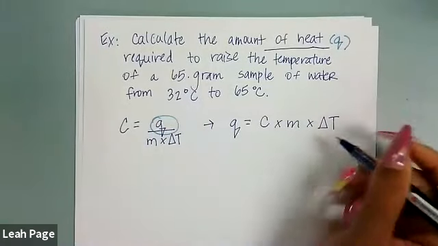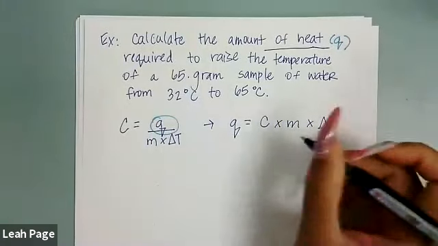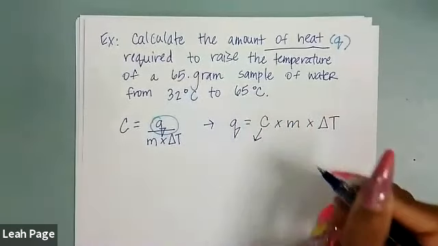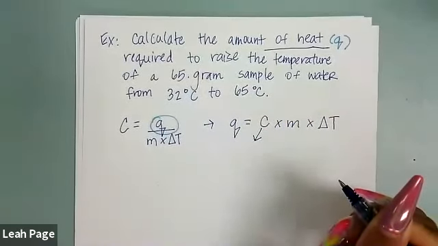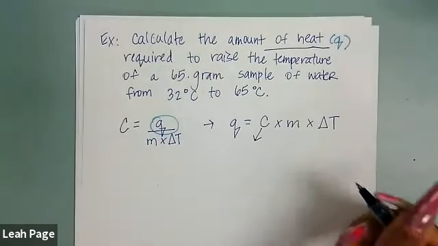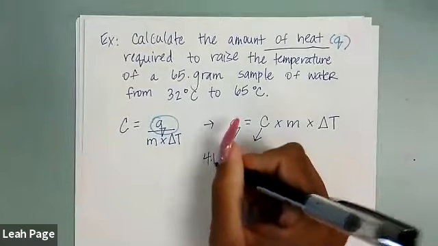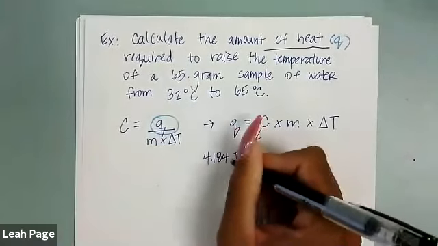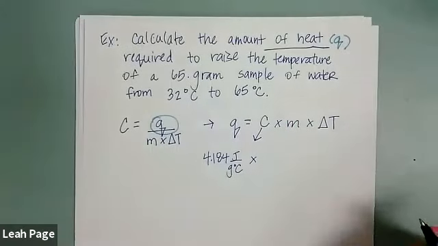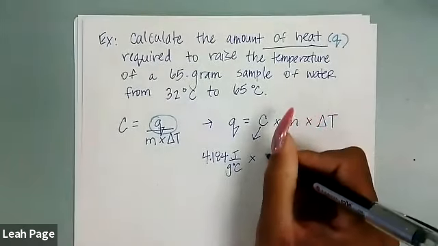So in this case, we just have to plug everything in. We're looking for Q. Can anyone tell me what my C is? I know it's specific heat capacity, but we're talking about water. What's the specific heat capacity of water going to be? 4.184, and then we're going to say joules per gram degrees Celsius. What's my mass going to be? 65 grams.